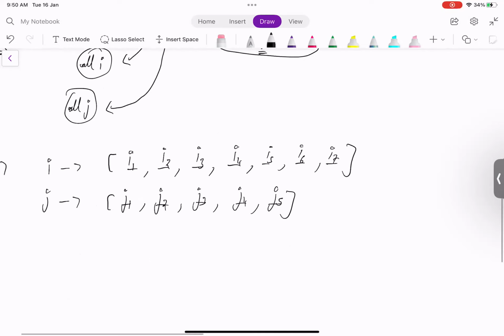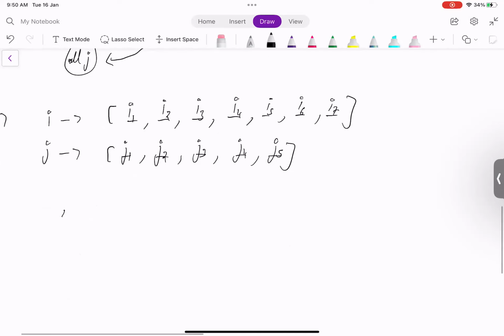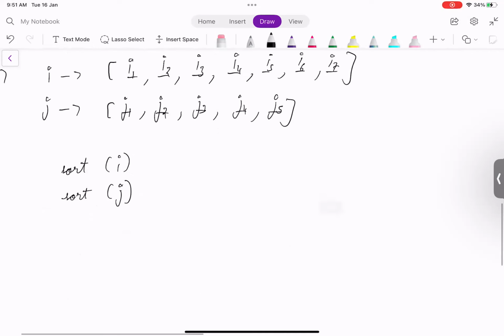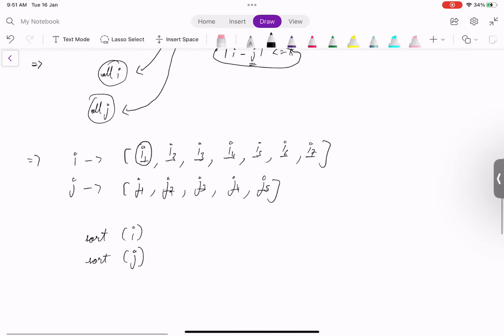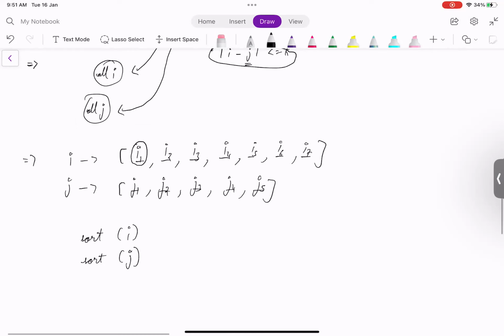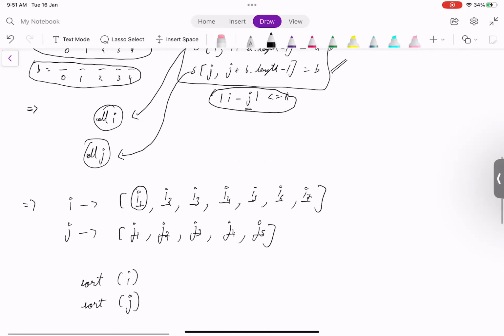So now what we'll do is we can just sort I's and J's. Sort J's also. Now assuming they are in sorted order, for I1 to be our answer, assuming I1, I2, I3 are in sorted order and J's are also in sorted order, for I1 to be beautiful, it should satisfy this condition, right?